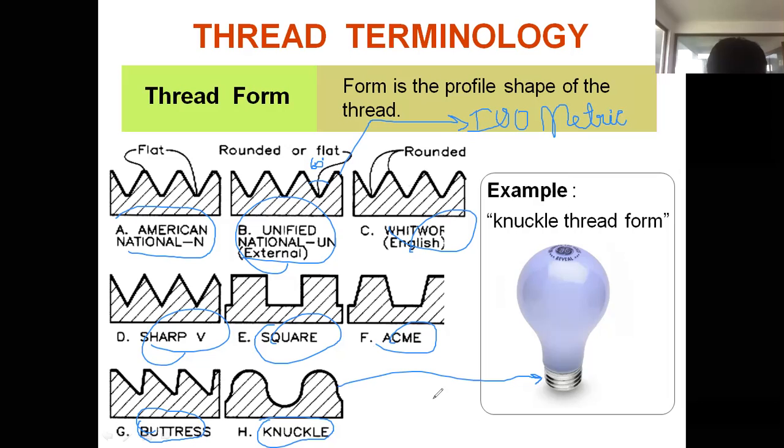And even for the British Whitworth thread, the pitch angle is 55°.